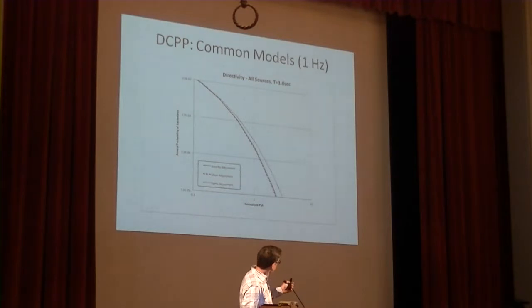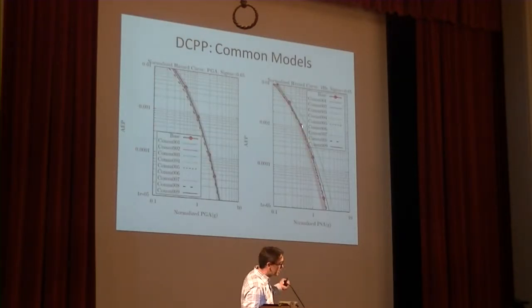And as has been discussed in the last couple of days, this is sort of an approach on the methodology, and there's going to be refinements as we go through this whole process. One of the things you can see is that at 1 hertz, you get one curve, the common 003, out here, that's a lot higher than the other ones. In this preliminary analysis, the 9 were selected on one spectral frequency rather than across all spectral frequencies.